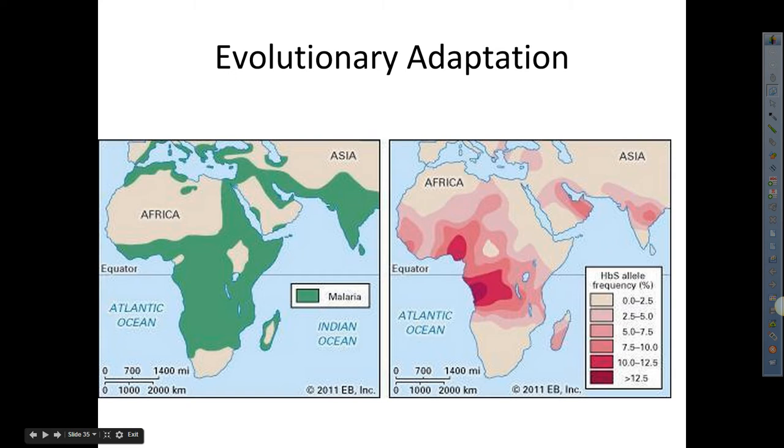And so the people who have sickle cell anemia are resistant to malaria, and so those people are able to grow up and have kids and pass on their genes to the next generation, passing on that sickle cell trait. Whereas the people who just had normal red blood cells are extremely prone to catching malaria and then dying at a young age and not being able to pass on their genes.